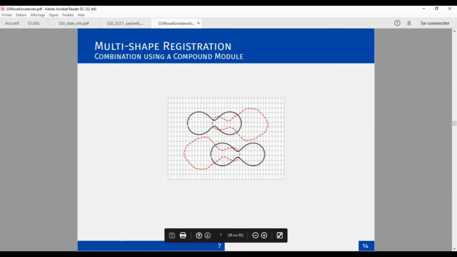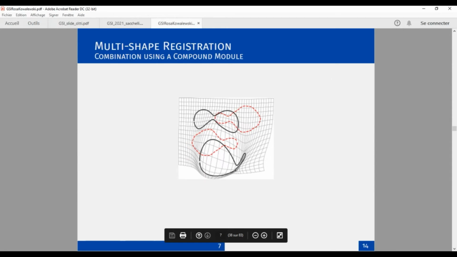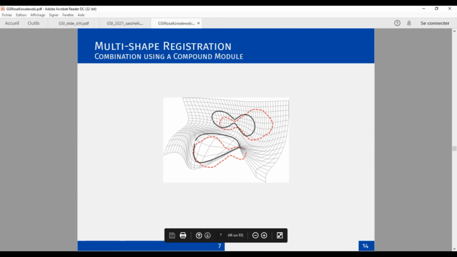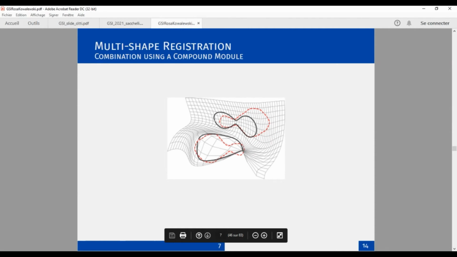So for the study of multi-shapes, we need a way of combining deformation modules. We could try using a compound module, and this is what happens. The compound module is a deformation module itself, and it creates diffeomorphic deformations of a certain regularity that is inherited by each deformation that we want to combine.